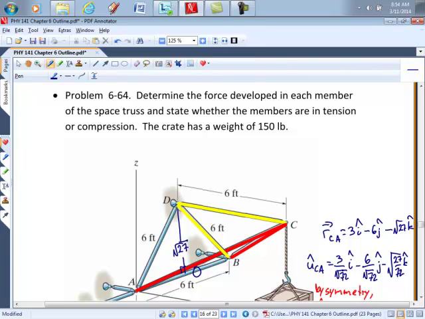So the only one that we have left is FAD to finish the truss.